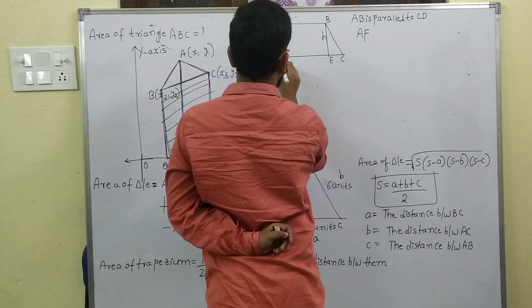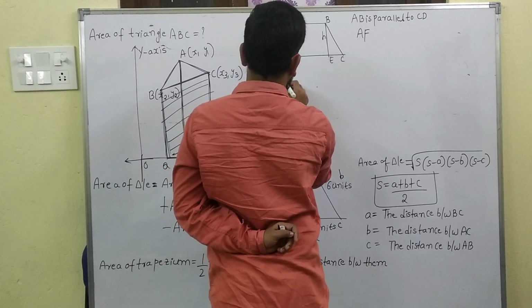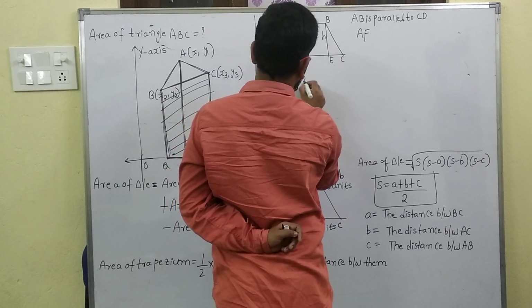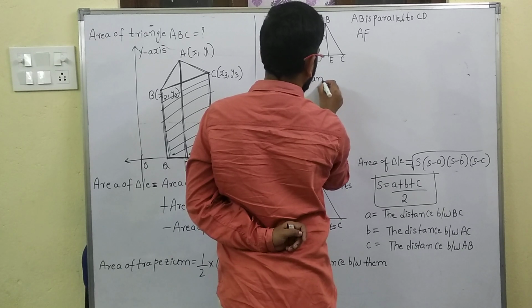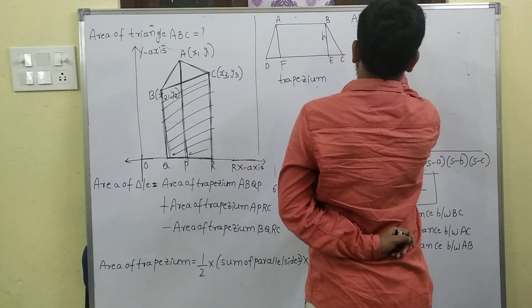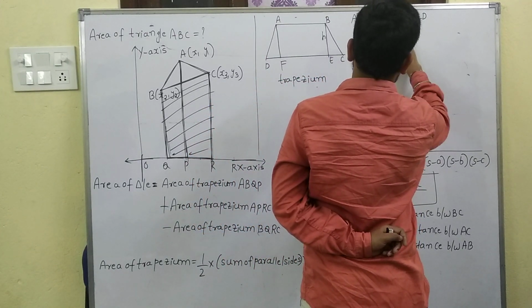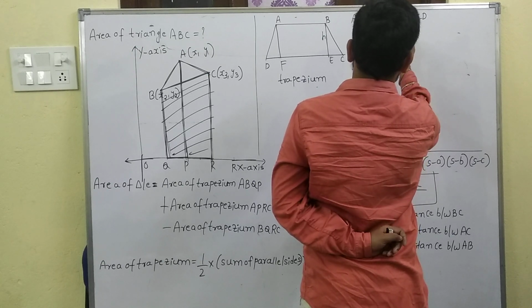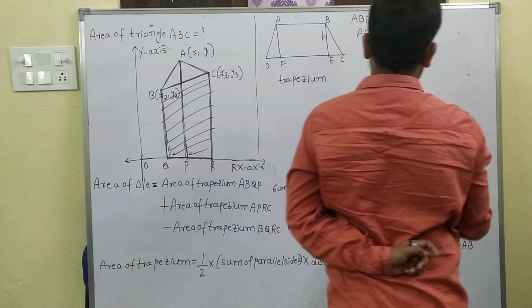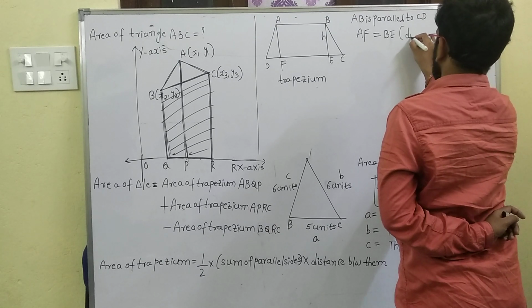Making this point F, the vertex F, this is called a trapezium. AF is equal to BE. So AF and BE are called the distance between the two parallel sides.